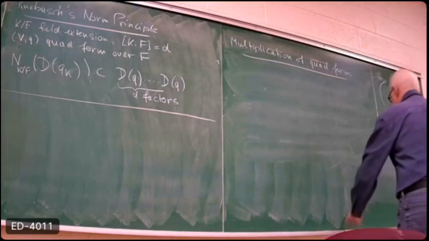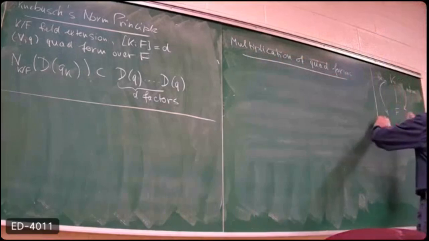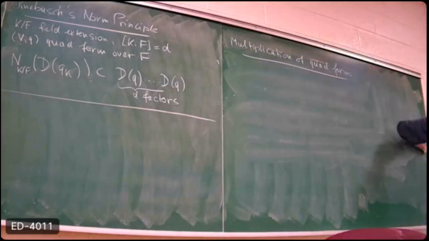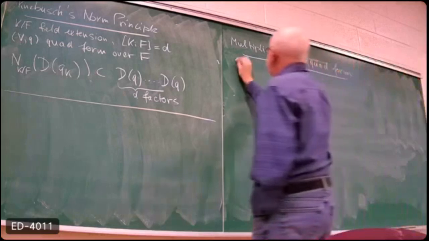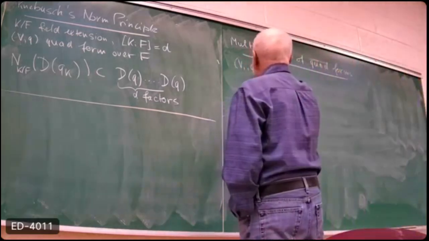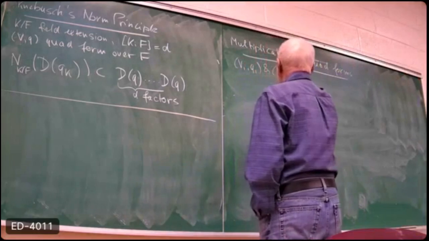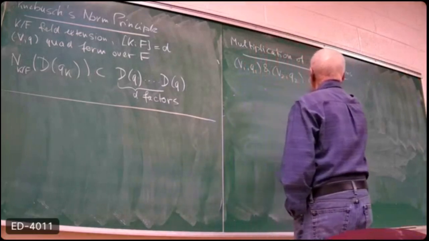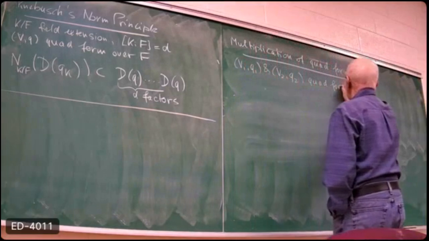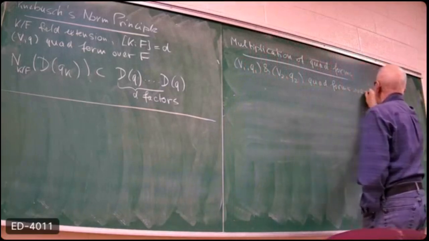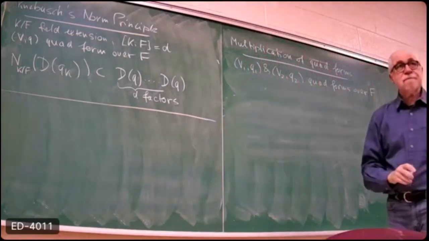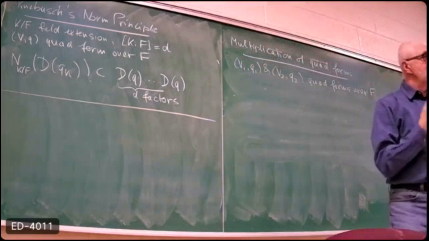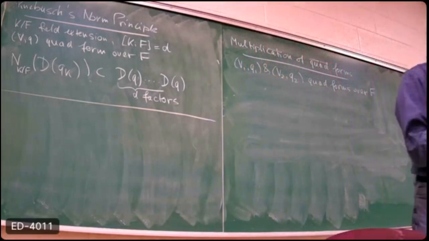So, let me erase this. You take two quadratic forms over a base F. Now, one can multiply vector spaces.